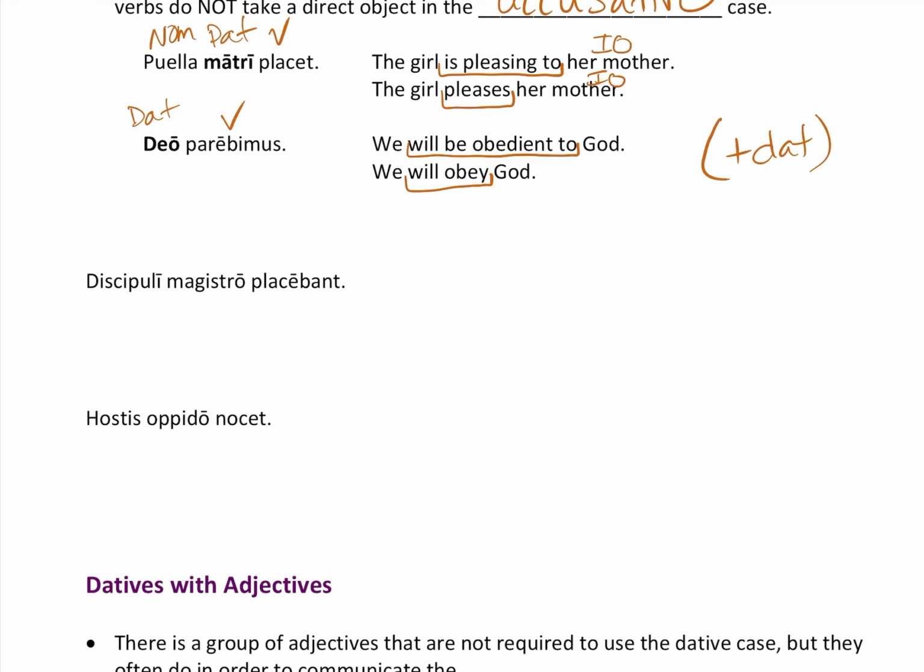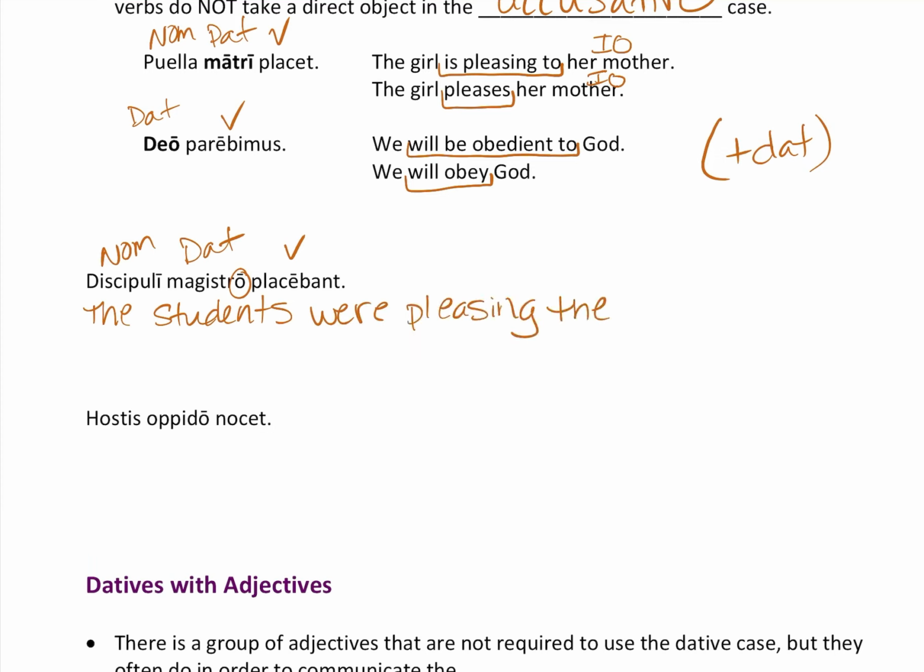So, discipuli magistro placebant, right? The students, here's our nominative. Here's our verb. We know this is a dative ending, and we know placebant, if we looked it up, takes the dative. So one way to do it, without the to, the students were pleasing the teacher.